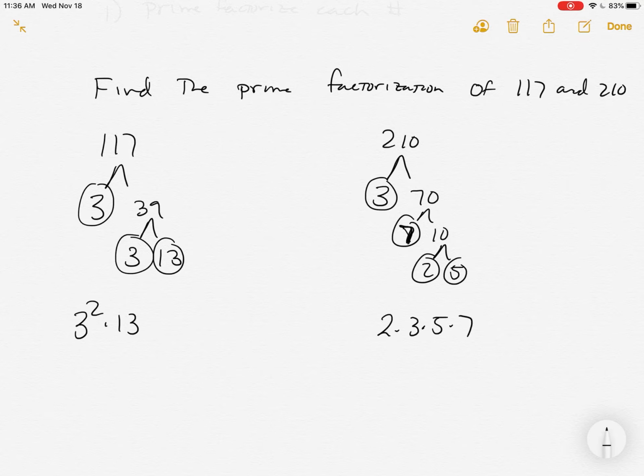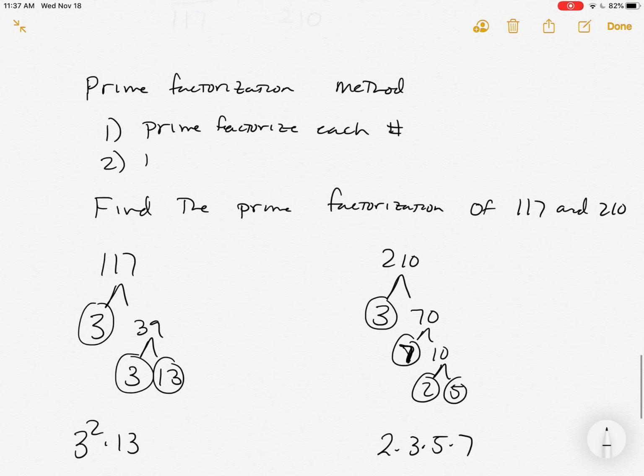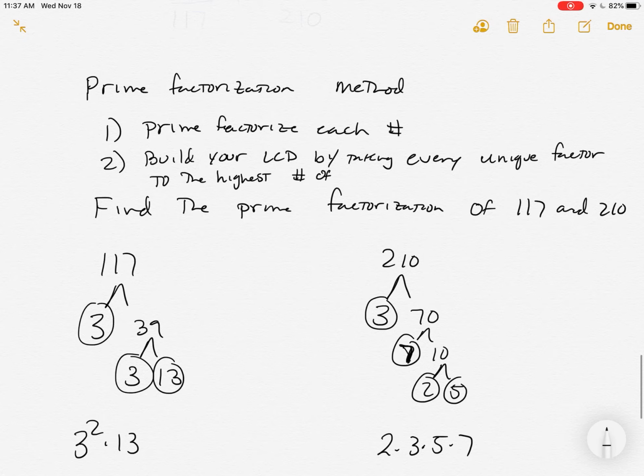So after you prime factorize it, the second step is to build your LCD by taking every unique factor to the highest number of times it appears in any one factorization.